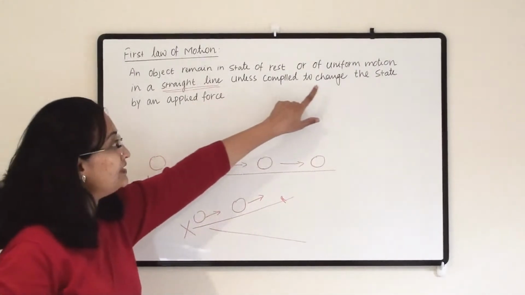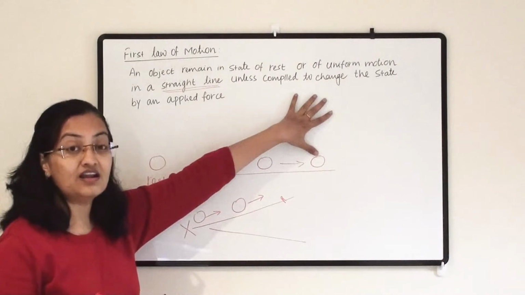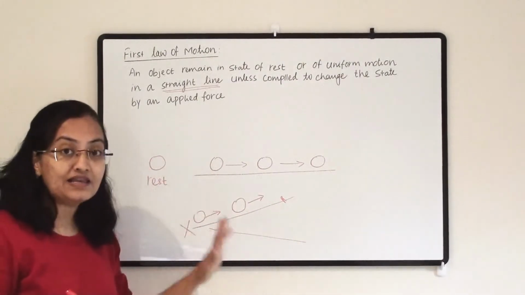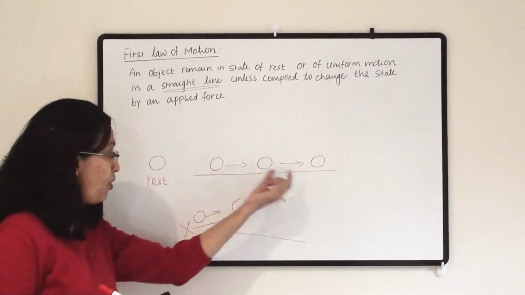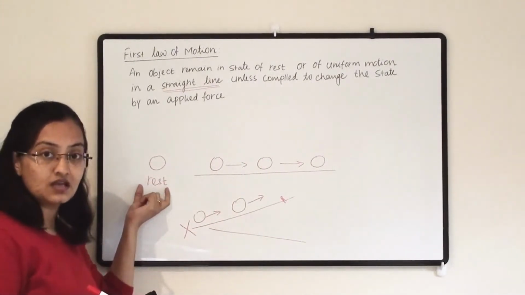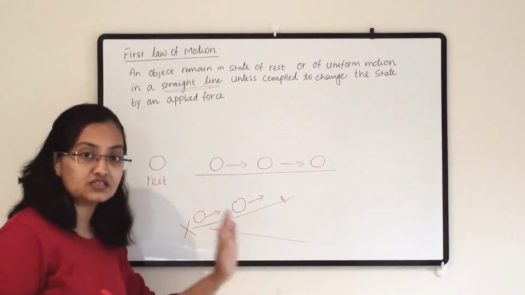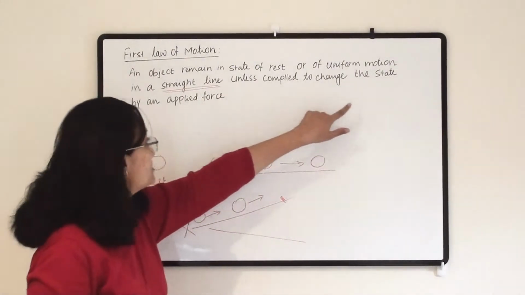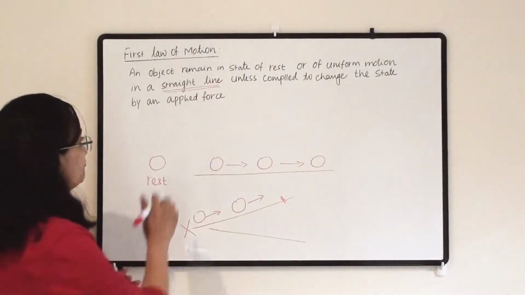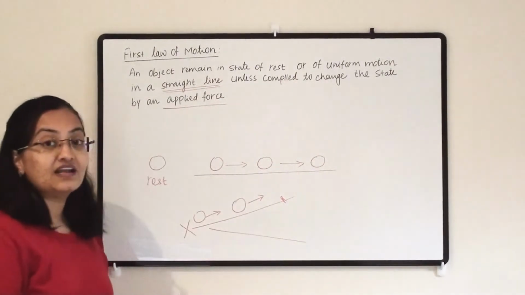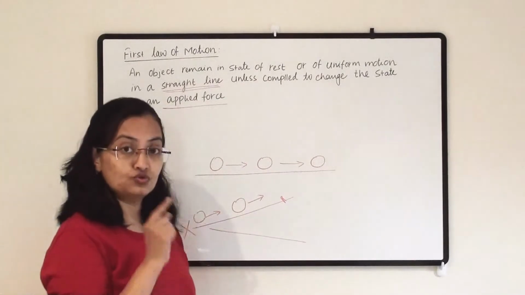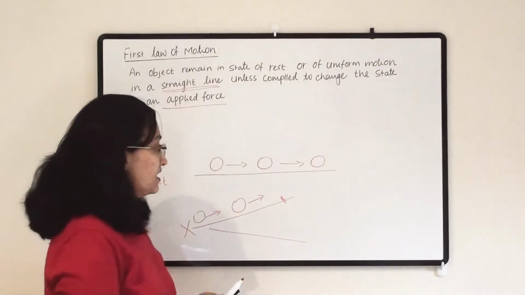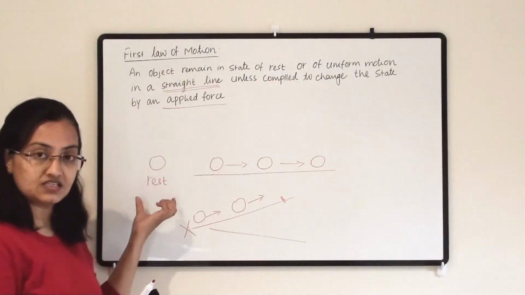Unless compelled to change the state, unless we are applying a force, unless we are compelling it to stop or we are compelling this ball and pushing it to go forward. So unless compelled to change the state by an applied force, if we are applying unbalanced force to these two balls, then only they will change their state, moving state or resting state.